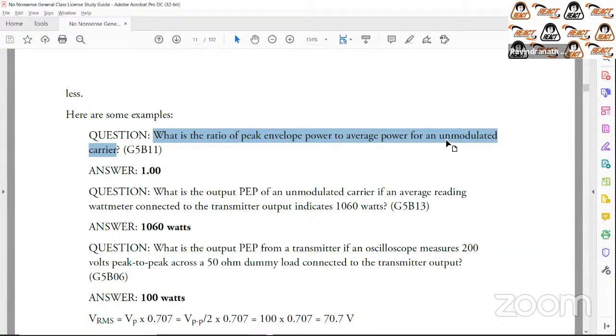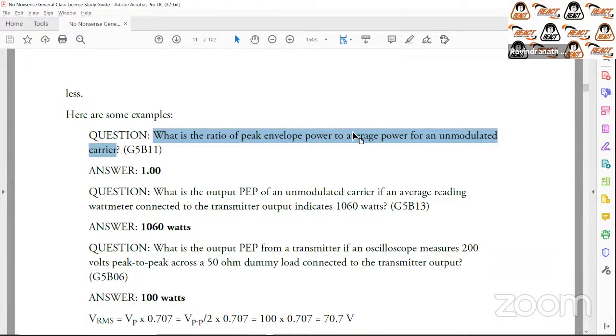So if you recall from the last class, the unmodulated carrier, you saw it was a steady state. It was maximum at all the time. And when you have a signal that's maximum all the time, the average is actually the maximum. So therefore, the average and the maximum, or the peak, is the same. So the ratio of the peak to the average is actually 1:1.